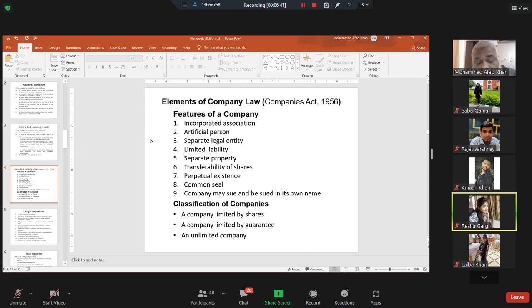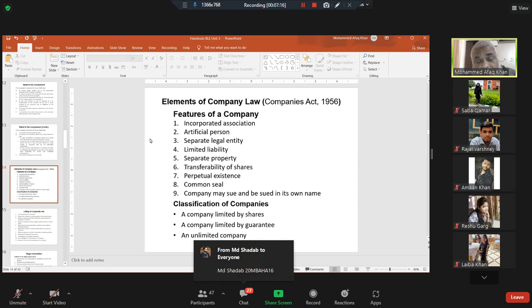Naturally, different members may contribute different sums to the common stock, and the proportion of that common stock which a member is entitled to is the share of that member.